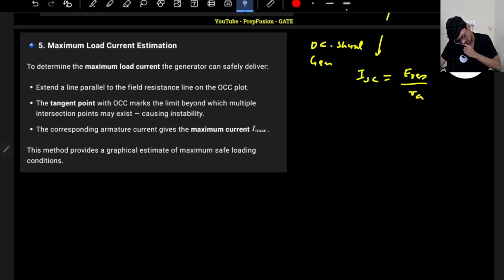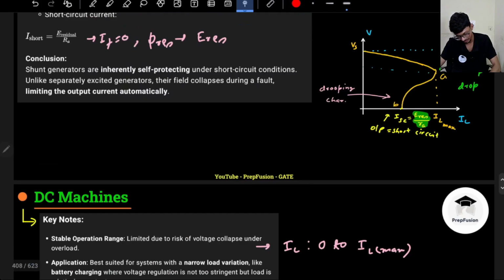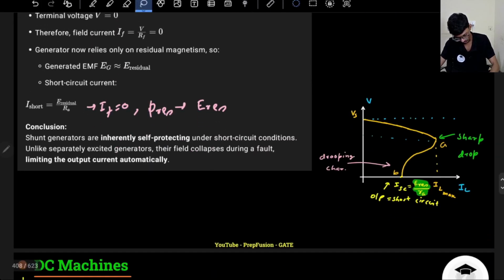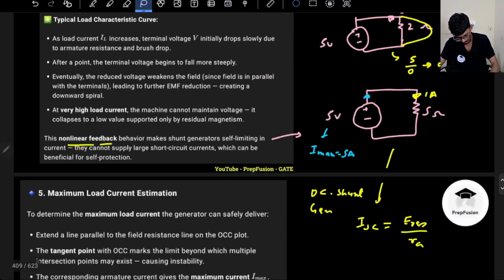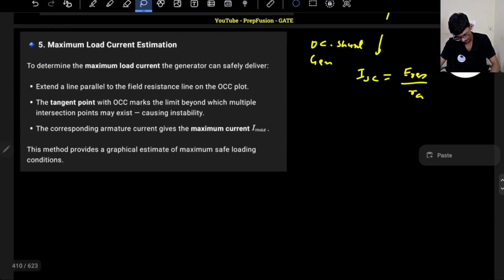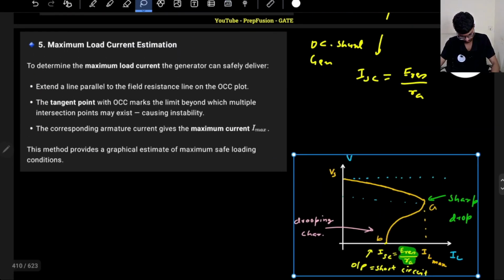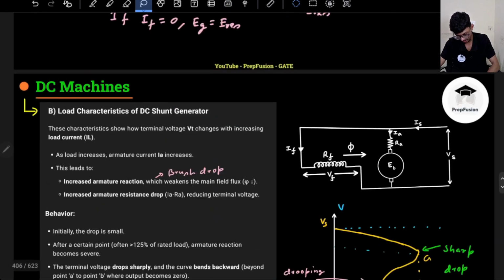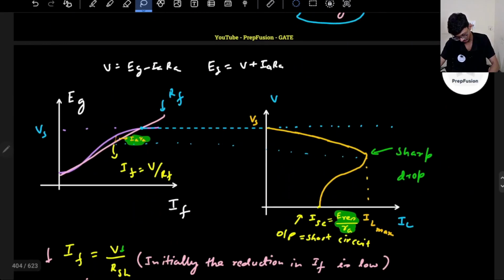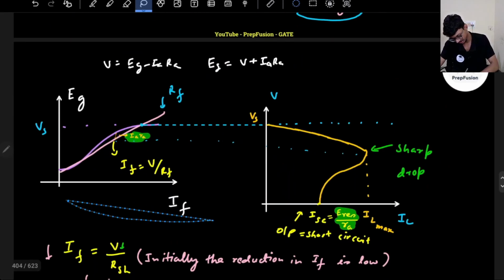The tangent point on the OCC marks the limit beyond. Yeah, basically what they're telling is what we have already done: here I have the load characteristics, and here I have the no load characteristics. They're saying the same thing.